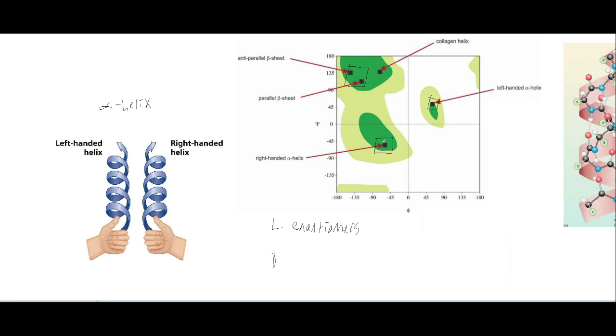Having dihedral angles here would give us a left-handed helix, and vice versa for the right-handed helices. But in Earth's biology, our amino acids are almost exclusively L enantiomers, and so we see right-handed helices.